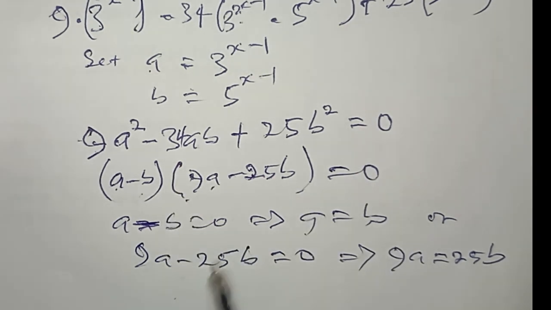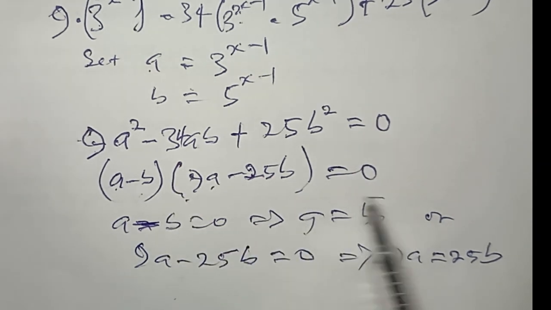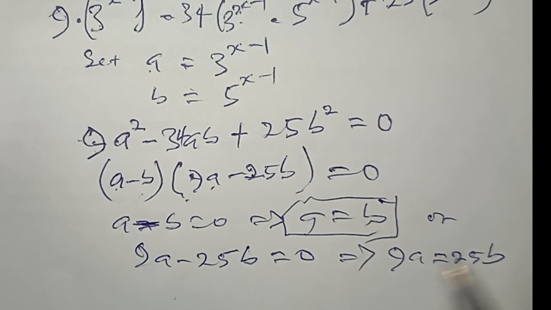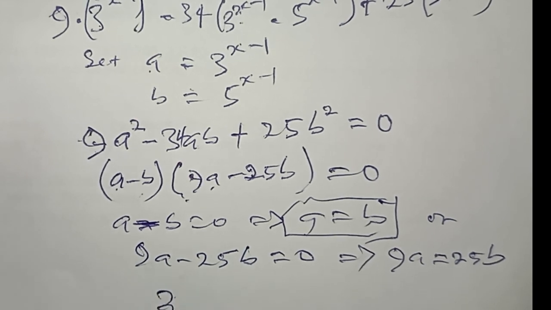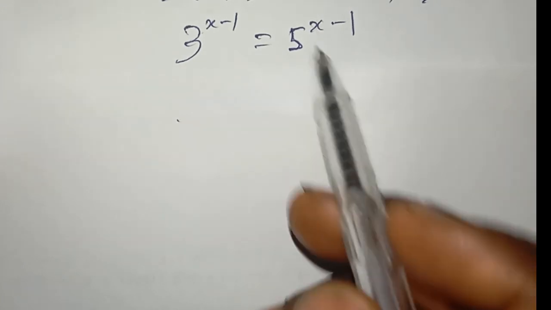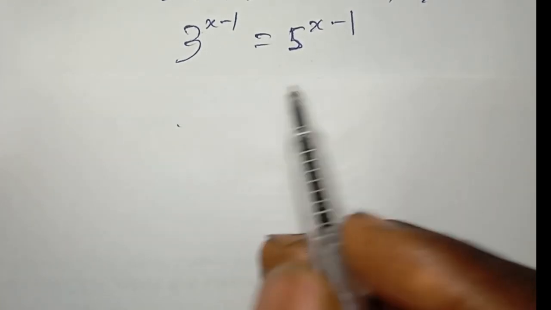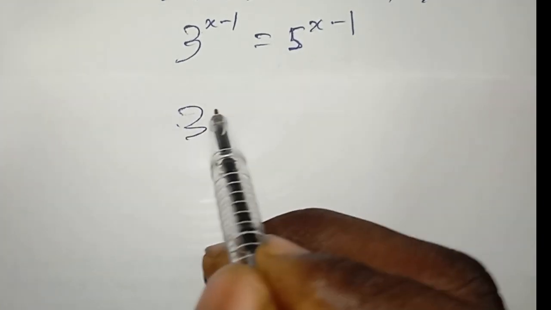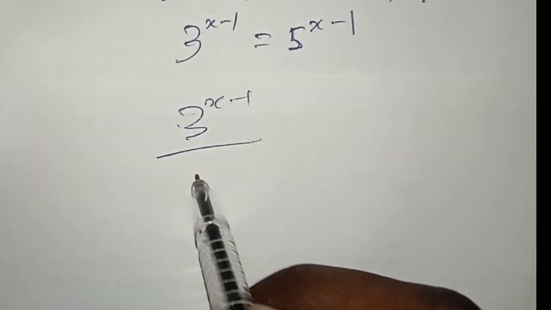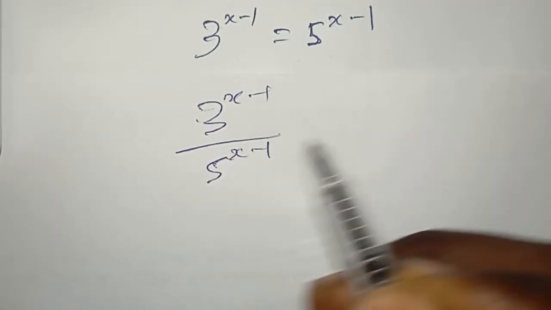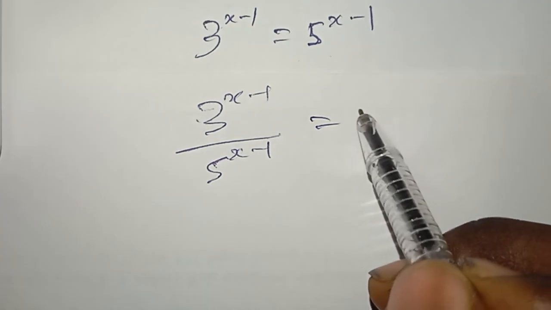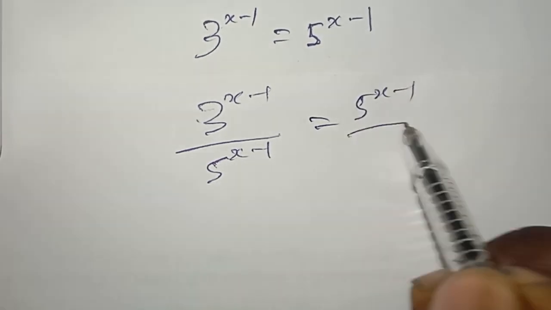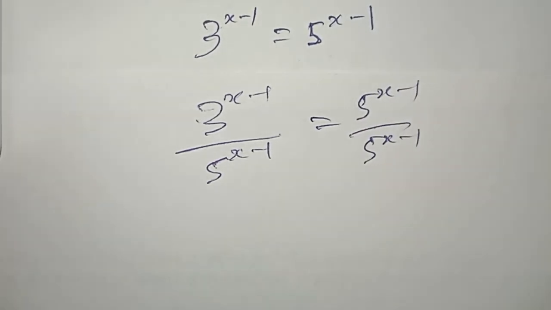So for this one right here, what we're going to be having is 3 power x minus 1 is equal to 5 power x minus 1. So we want to divide. Let me just divide through by this factor right here. So I have 3 power x minus 1 divided by 5 power x minus 1, of course, is equal to 5 power x minus 1 divided by 5 power x minus 1.